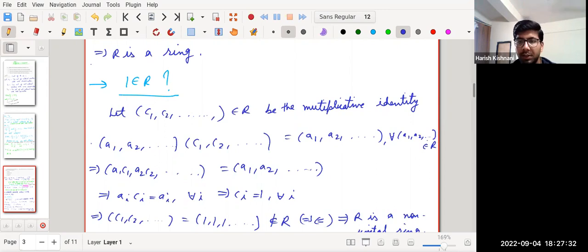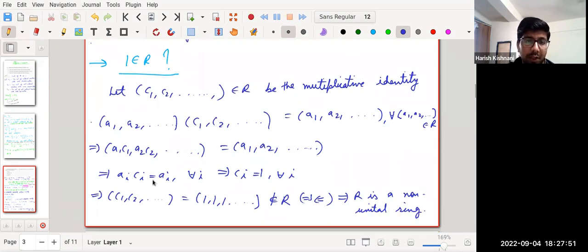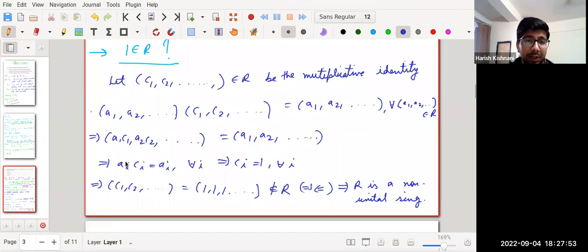But if this is true, then you have (a1 c1, a2 c2, ...) equal to (a1, a2, ...) again, and this implies ai ci equal to ai for all i, and that implies that ci is equal to 1 for all i, because this is a product of two integers. So now you are inside the ring of integers, so the ai will cancel out, and you have just the ci's.